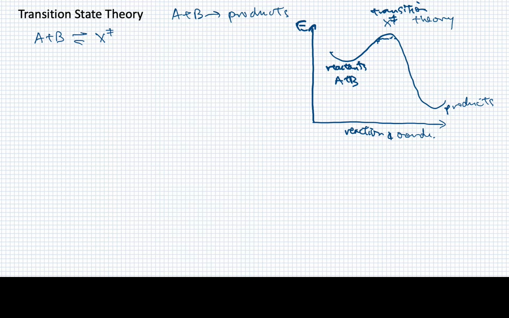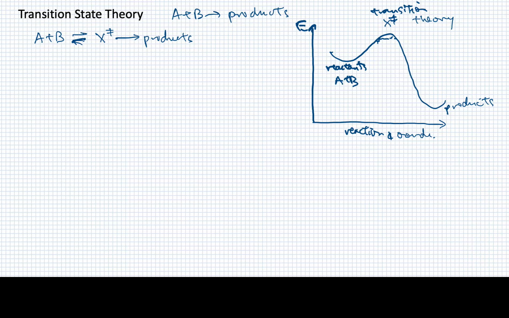But we're going to assume that these things form some sort of equilibrium, and then this activated complex can go to products. But the whole idea is that the collision of A and B might form this activated complex, and then it could go right back to A and B. That's why we have this reverse arrow here on the bottom.